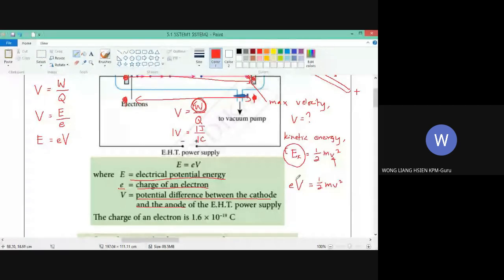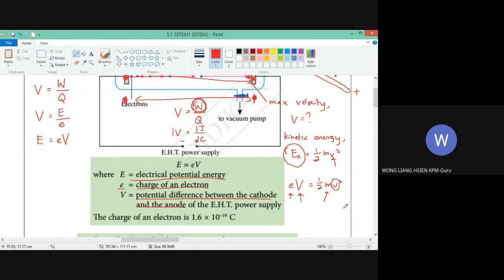With this information, if we have the charge of one electron, we know the potential difference between the cathode and the anode, and we know the mass of the electron, then we can calculate the maximum velocity of the electron when it reaches the anode.